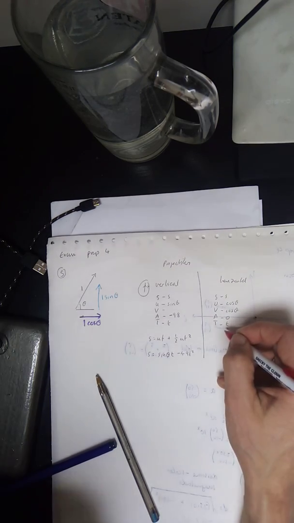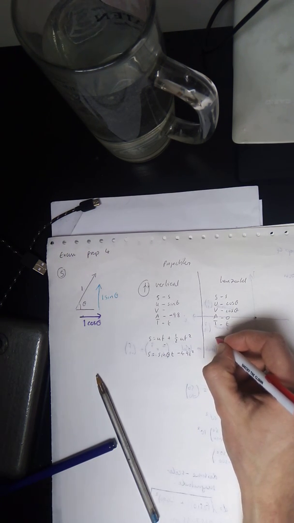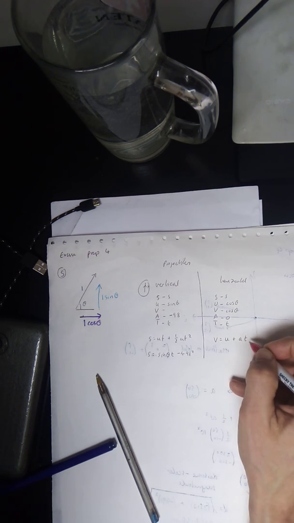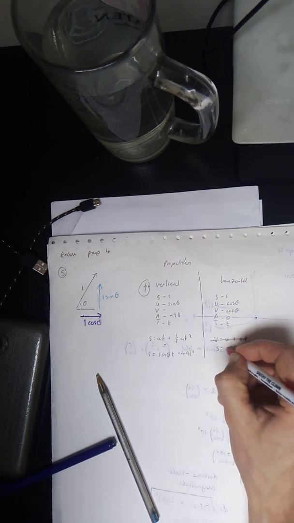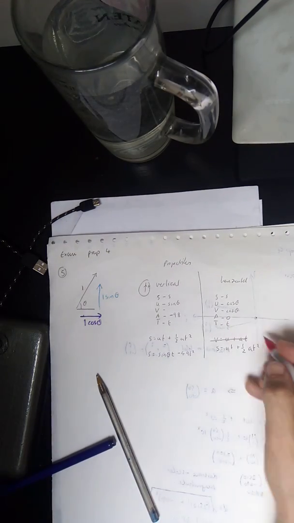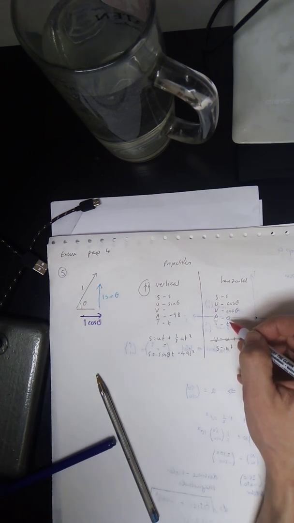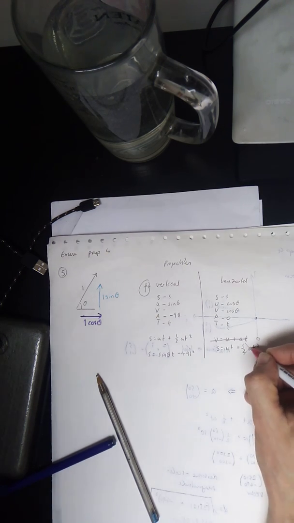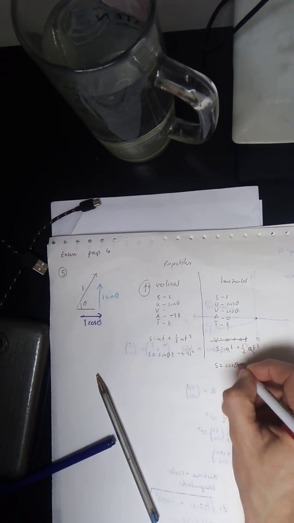We want S, so we use S equals ut plus half at squared. That simplifies because a is equal to 0. Why is this true? Because there's no acceleration horizontally, we only have acceleration due to gravity. This is the big thing for projectiles. So we get S is equal to cos theta times t.